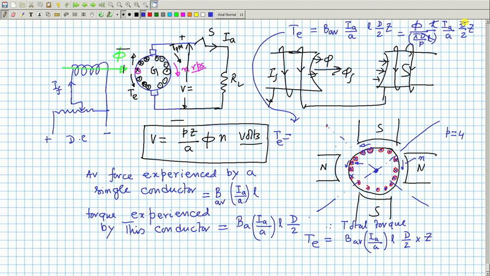And it will be equal to P Z by 2 pi A into phi into I_A, where P is the number of poles. This is the expression of the torque.